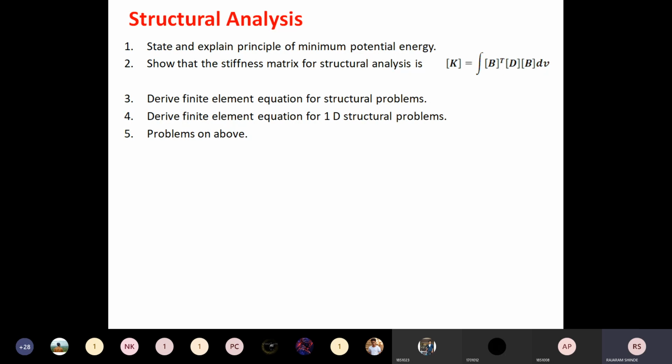Then we will apply it for one dimensional structural problems, by considering all types of loads, and there are certain numericals. Here we are considering thermal loads also. Now this is the content of this topic, or these are some important questions of this topic.